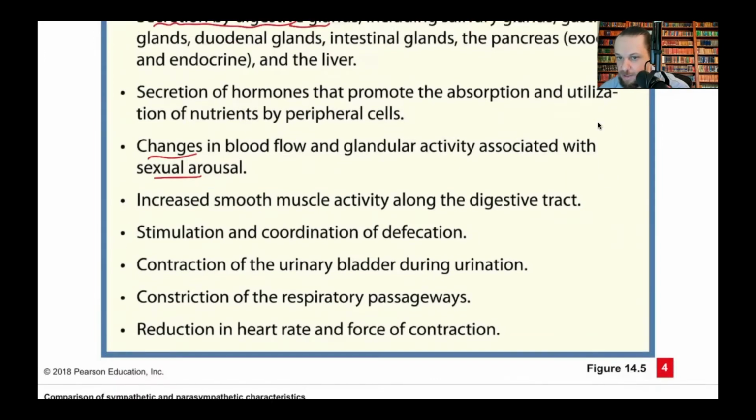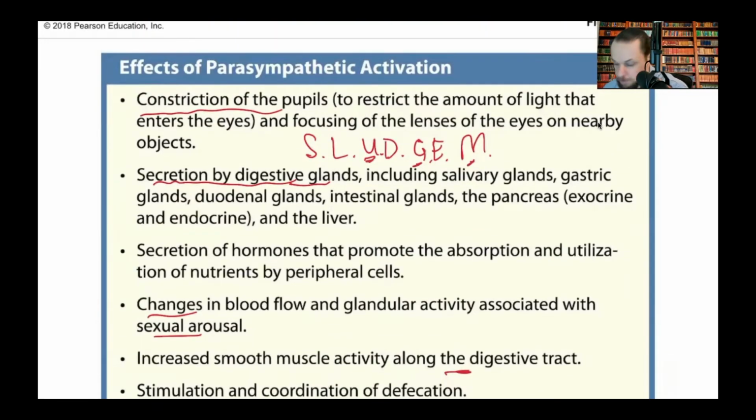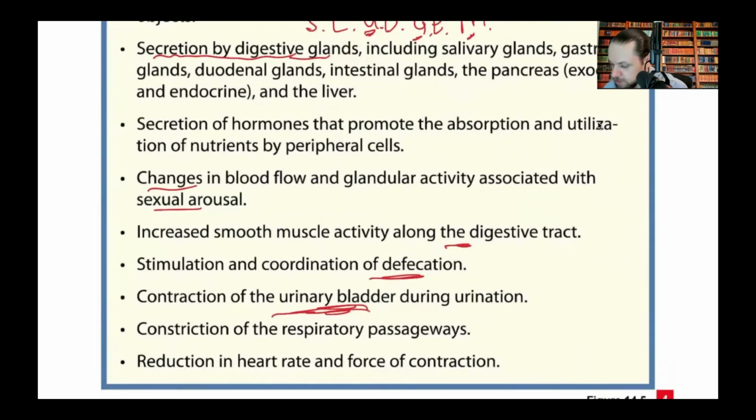Increased smooth muscle activity in the GI tract, so we have peristalsis going on. We have defecation. You have contraction of the urinary bladder, and if the urinary bladder contracts, you have urination. Constriction of the respiratory passages. So that's the parasympathetic system, and you may feel that, right?